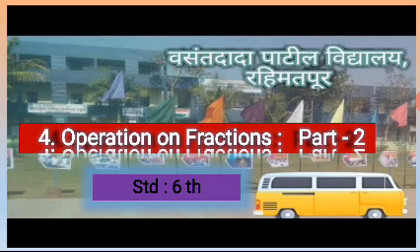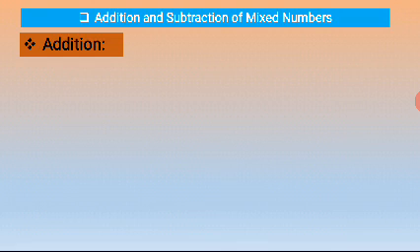Students, in the last video we learned how to convert an improper fraction into a mixed fraction and a mixed fraction into an improper fraction. Now we are going to learn about addition and subtraction of mixed fractions. First we learn addition.